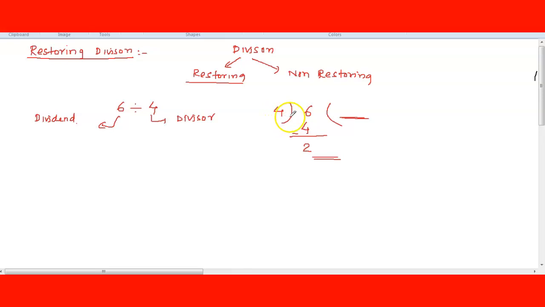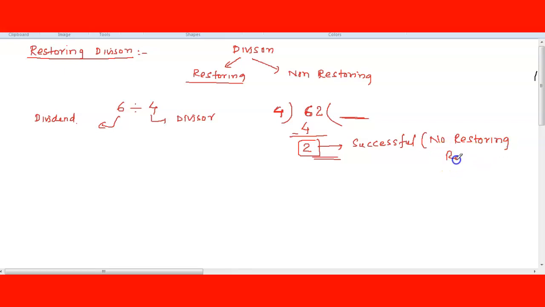Here only one digit is given, but maybe it could be 2 digits also. The left values of the dividend have to be subtracted with the divisor. If you get a positive value, this step is called successful. When it is successful, no restoring is required.